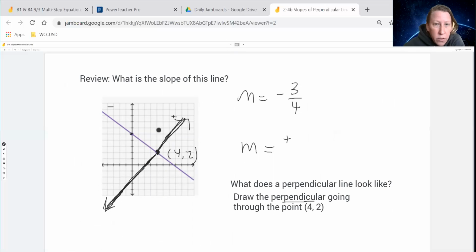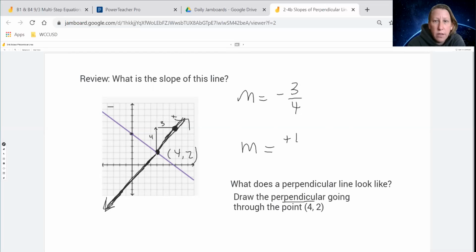And how much up is it going and how much over is it going? Well, I'm going to tell you that it's going up 4 and right 3. Now, if I did this on Desmos, it might be more perfect. But the slope is up 4, right 3. That is very interesting.